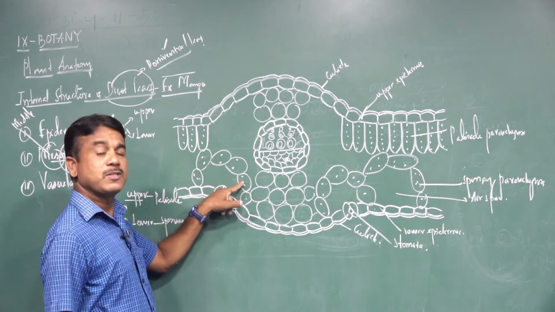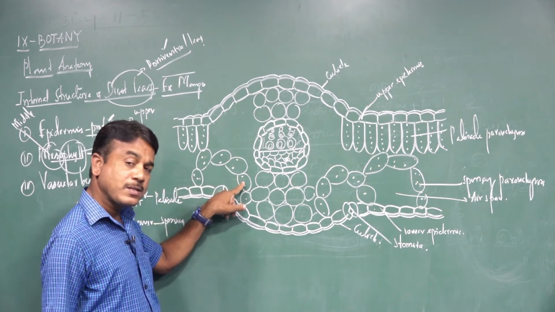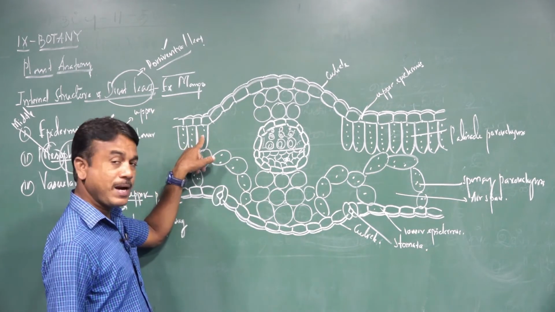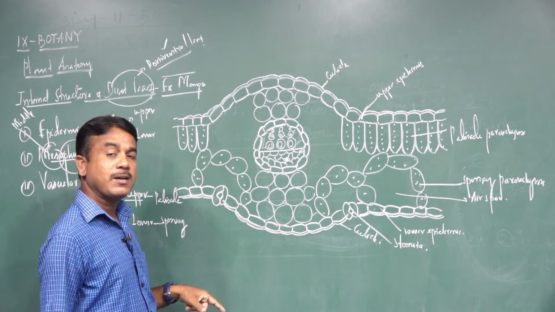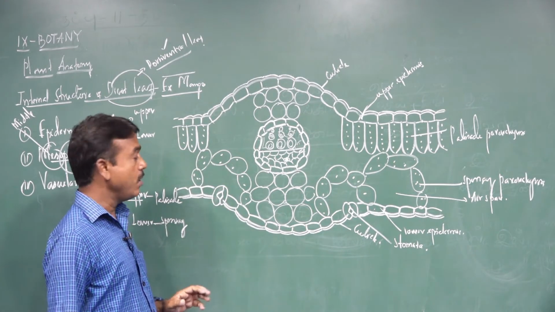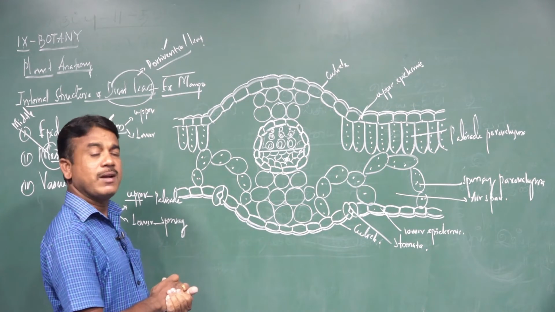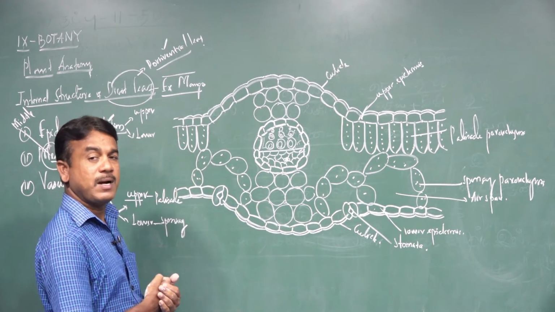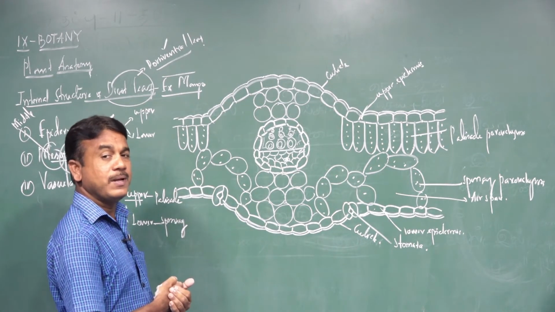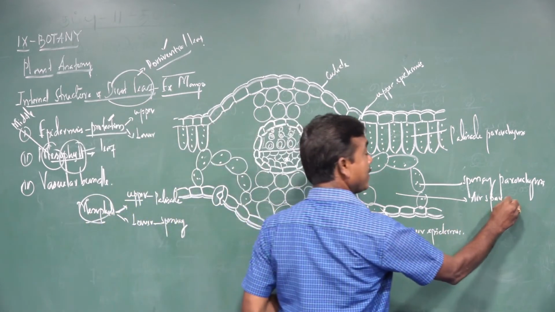These spongy parenchyma cells also contain chloroplast, but compared to palisade parenchyma, they contain a lesser amount. What is the main function of spongy parenchyma? It helps in gaseous exchange.